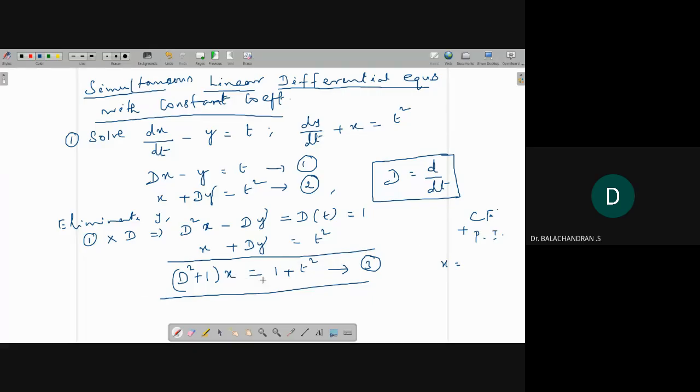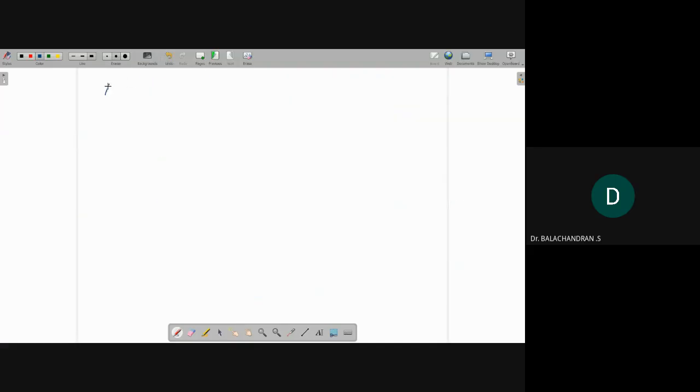Now you can proceed. Take this equation and find the auxiliary equation. The auxiliary equation is m square plus 1 equal to 0. This implies m square equal to minus 1, which implies m equal to plus or minus i.